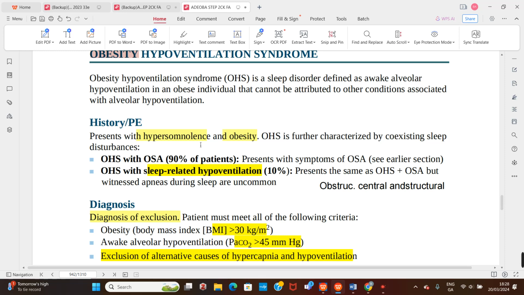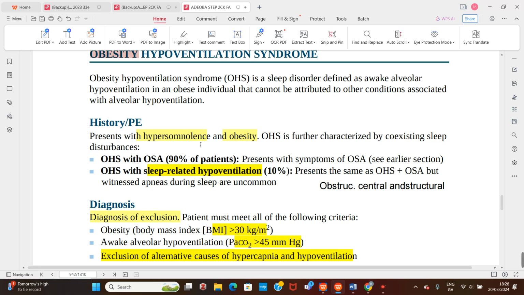Sorry. Yeah, so for obstructive sleep apnea, you know that the consequence of hypoventilation is hypercapnia. That's what you are looking out for. Because with OSA, they are going to be all right when they wake up. Hypercapnia is not there, but you find the hypercapnia at night.